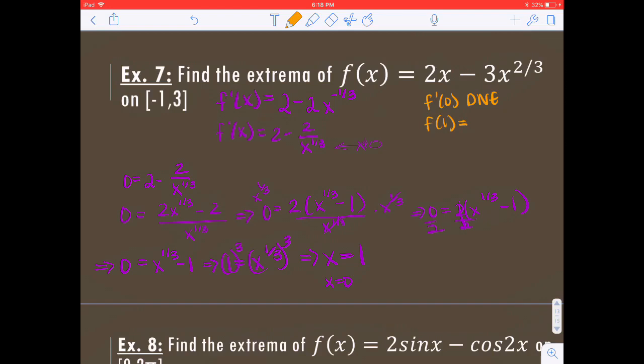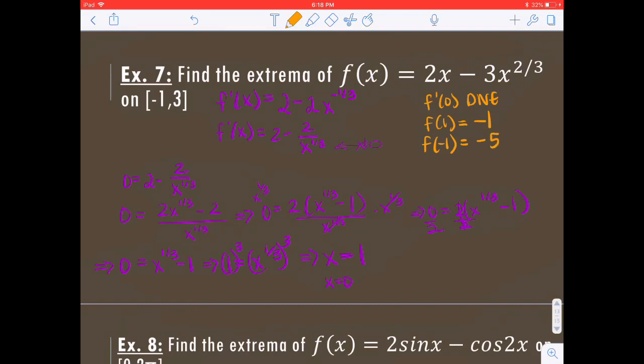And then we want f of 1. If I plug in 1, I get 2 minus 3, which is negative 1. If I plug in negative 1, I get negative 5.